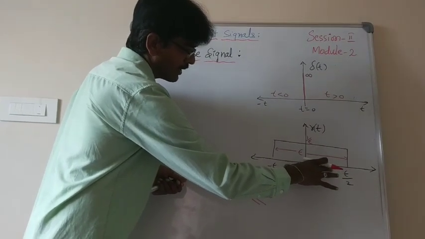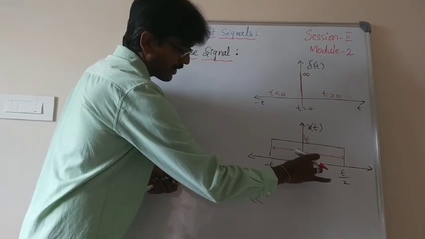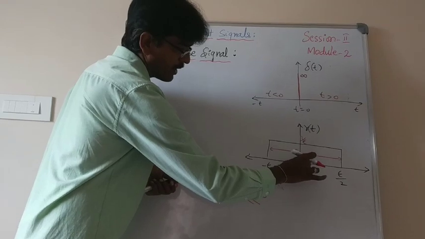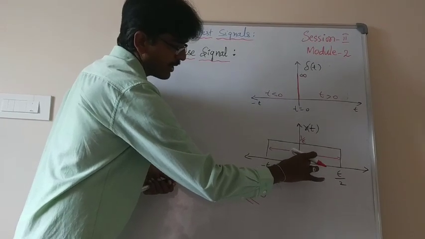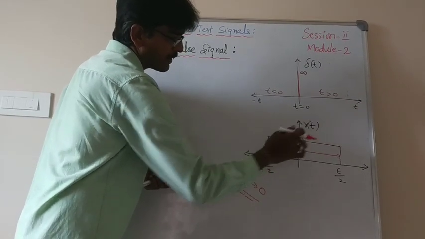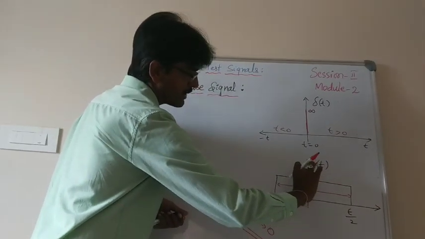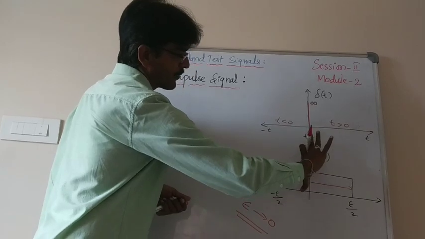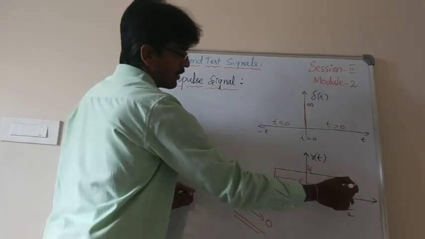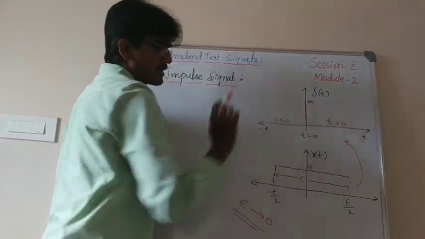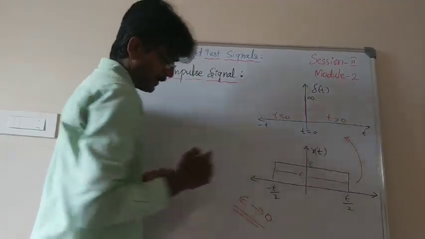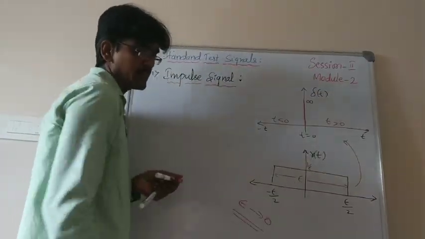This width decreases and it reaches the origin. At the same time, as epsilon tends to 0, 1 by epsilon increases and moves towards infinity. So this is how it is represented.